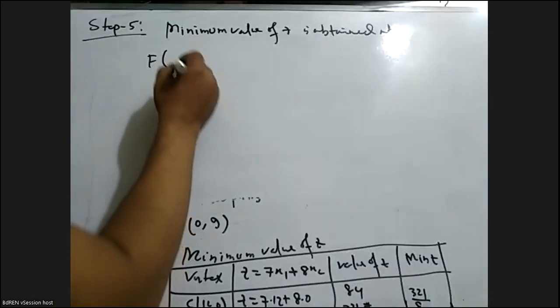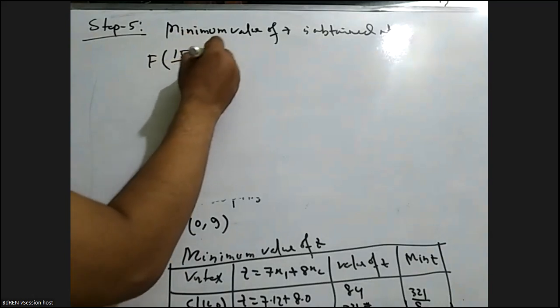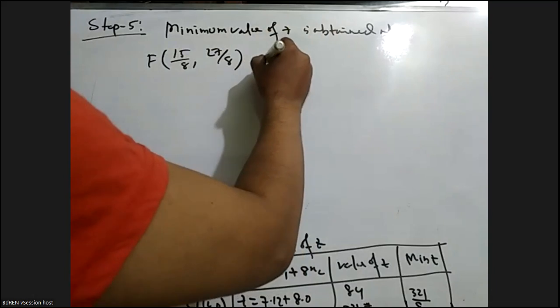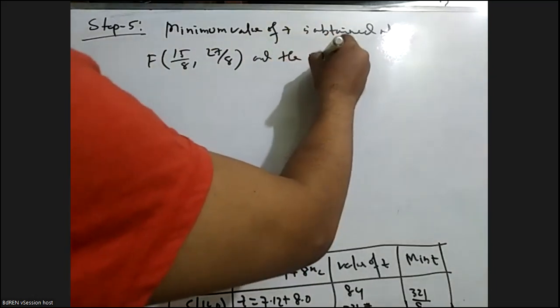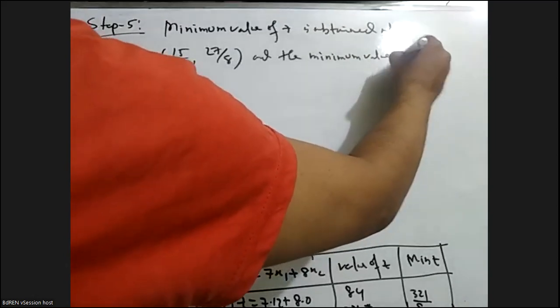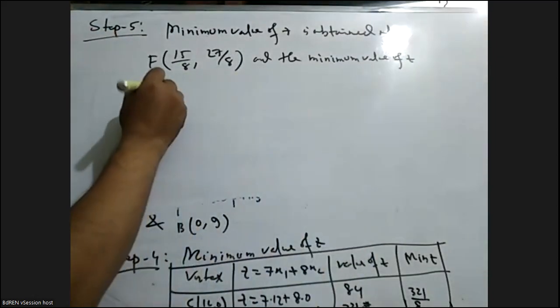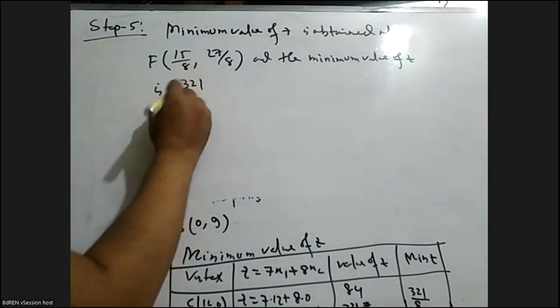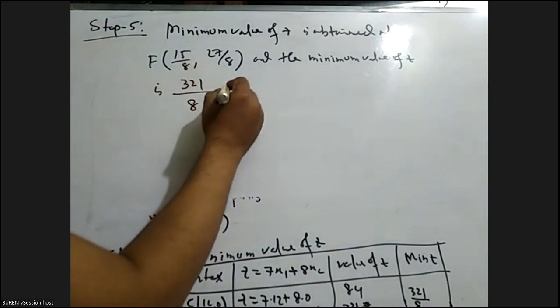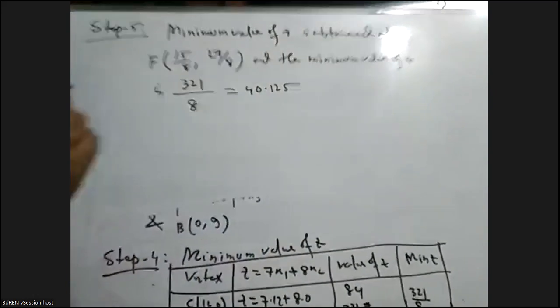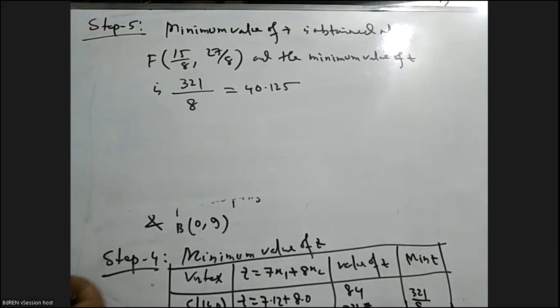F point, 15 by 8, 27 by 8. And the value of Z is 321 by 8, which is very near to 40.125. And this is the minimum value of Z.